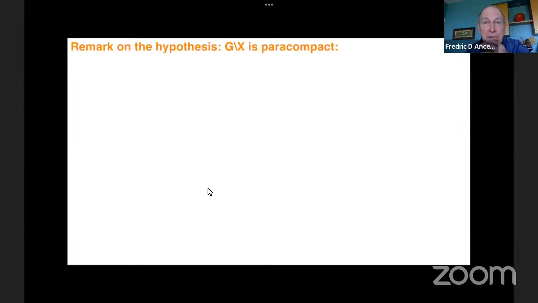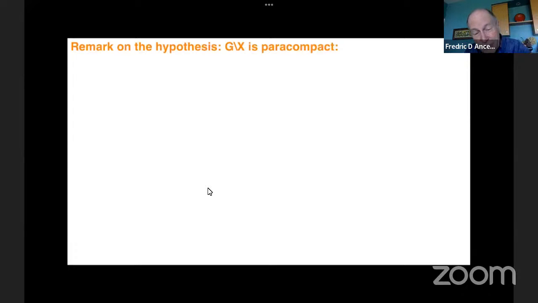Can I, in that situation, find a single metric that makes those into isometries? In other words, can I find a single G invariant metric? I know I can find a G invariant gauge structure, but I don't know that I can boil it down to a single metric.